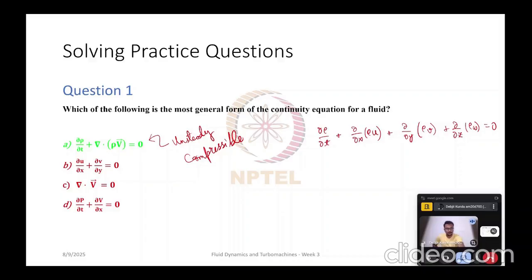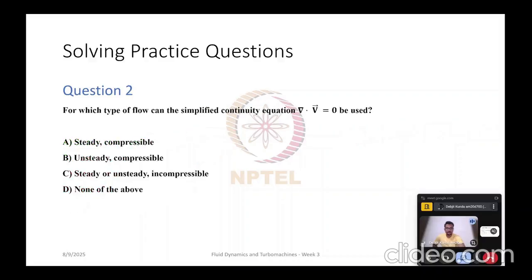Alright, so moving on to the next question. Once again, in continuation of question number 1, if we simplify that continuity equation, we can write that as the divergence of velocity equal to 0.